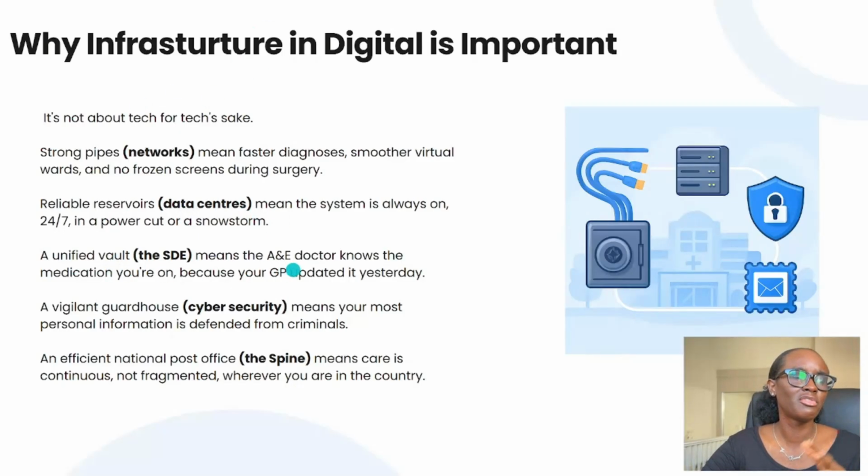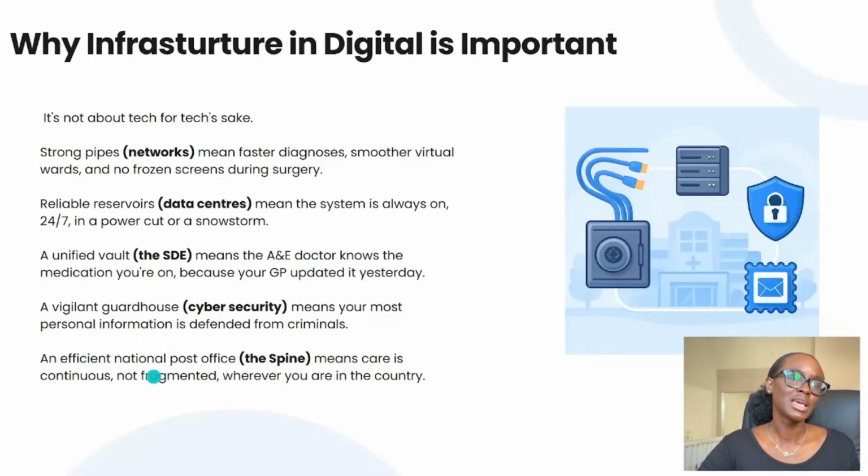Now, a unified vault, the SDE, means that your A&E doctor knows the medication you are on, because your GP updated it properly yesterday. So if you're in distress and not responsive, thanks to the SDE they can check your records and see that information immediately. Now, a vigilant guardhouse, which is your cybersecurity, means that your information is safe from criminals or malicious people.